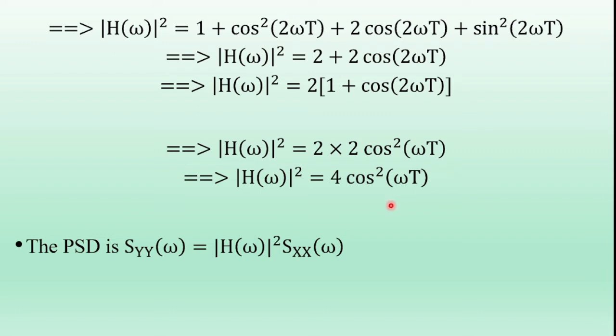Substituting the calculated value, Syy of omega equals 4 cos square of omega t into Sxx of omega.